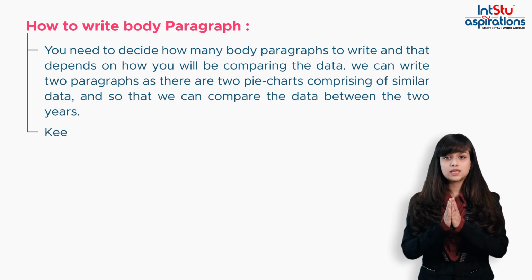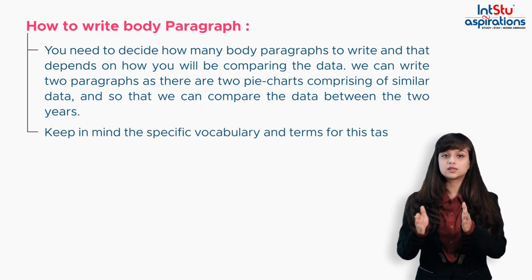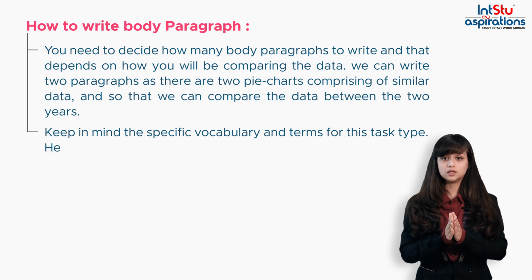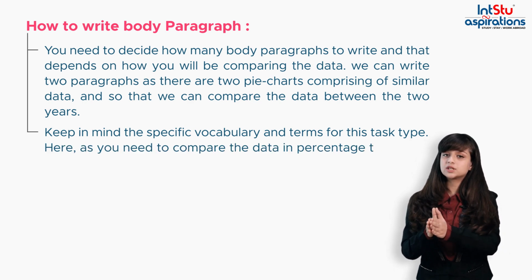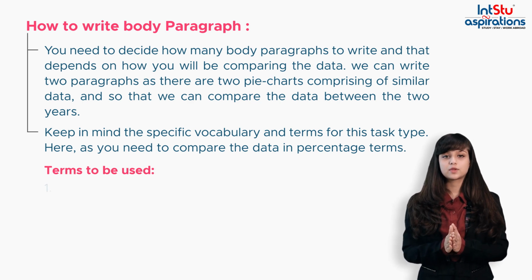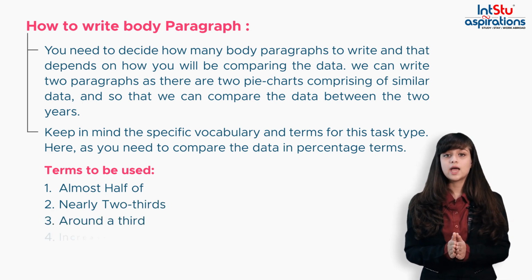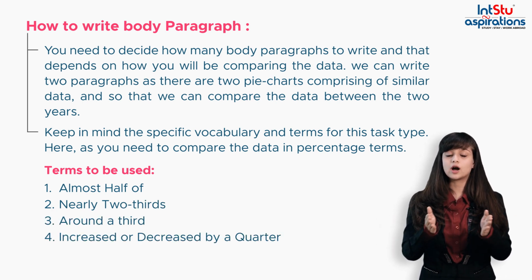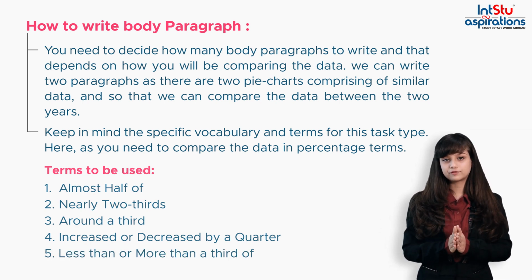And 2. Keep in mind the specific vocabulary and terms for this task type. Here, as you need to compare the data in percentage terms, you should use terms such as almost half of, nearly 2/3, around a third, increased or decreased by a quarter, less than or more than a third of.